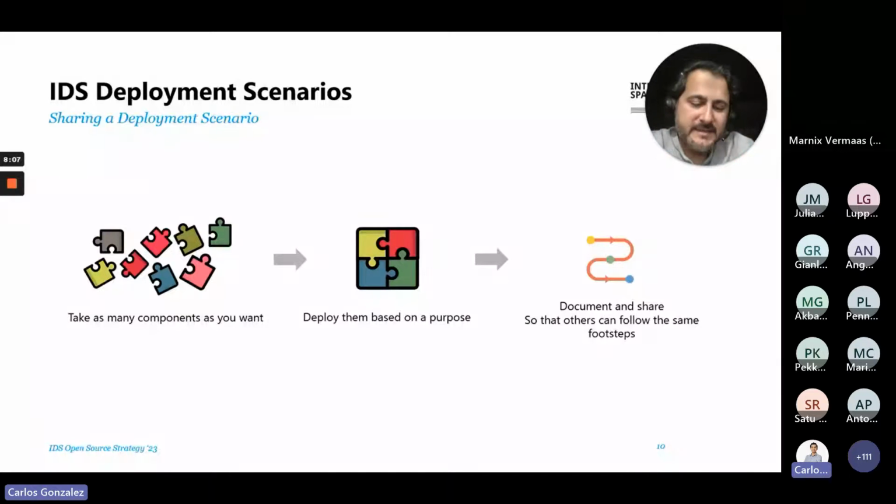What really matters here is the purpose, because when you make an implementation, you make it for a purpose. For example, you implement the IDS testbed to solve a problem existing in, let's say, the agriculture industry.